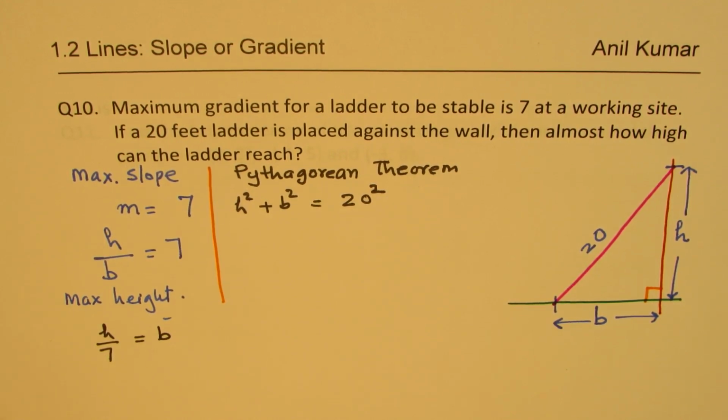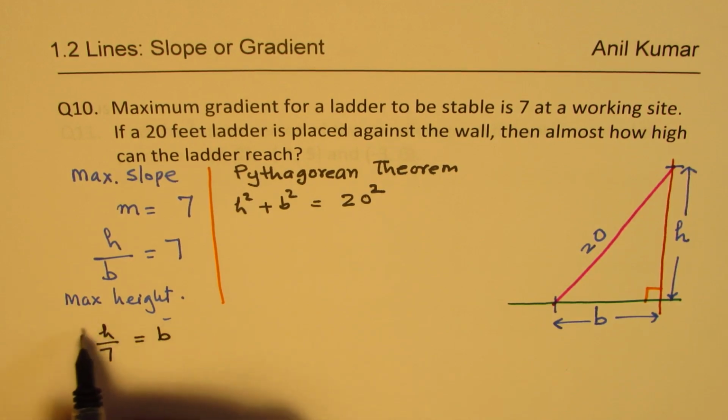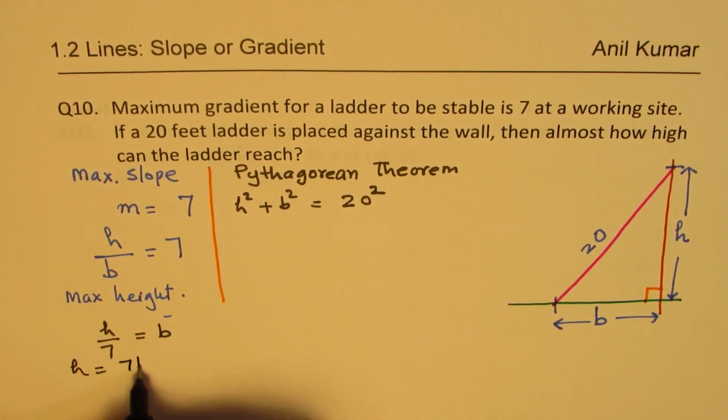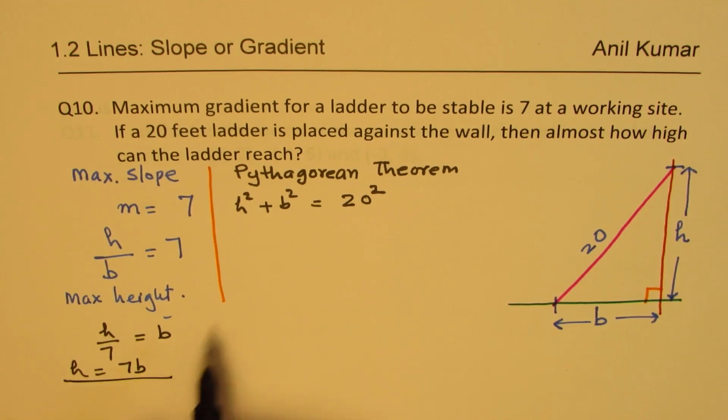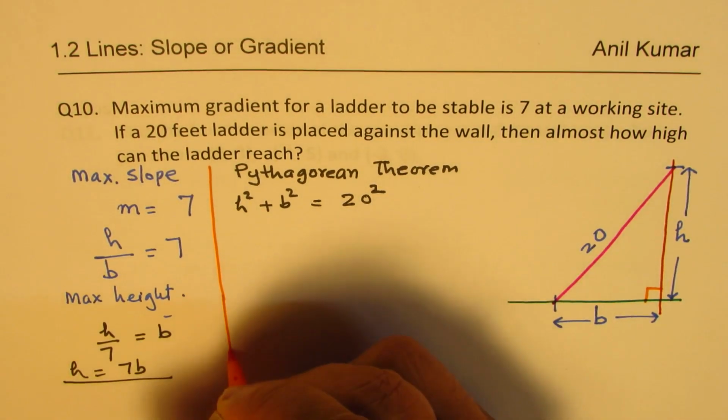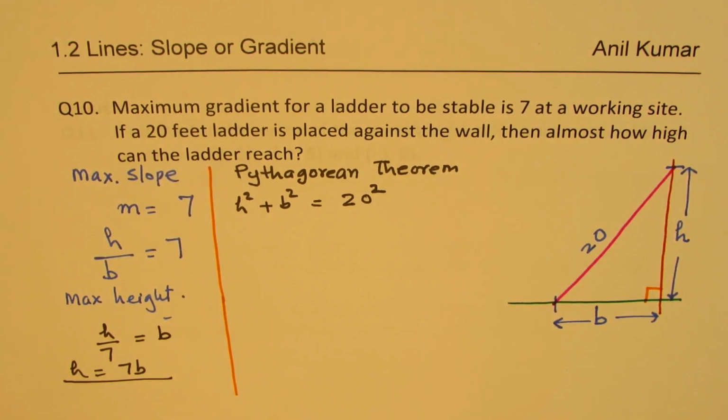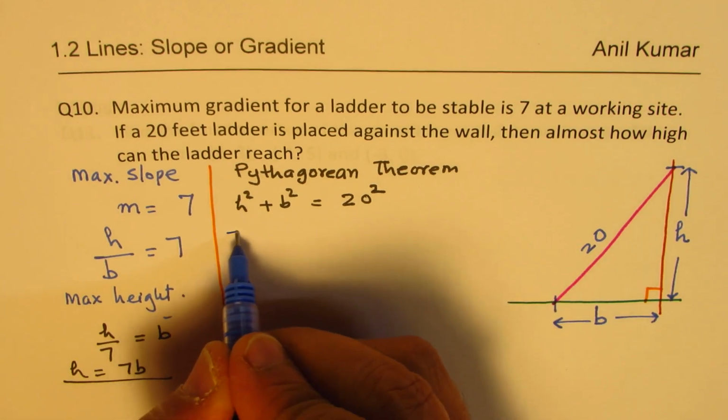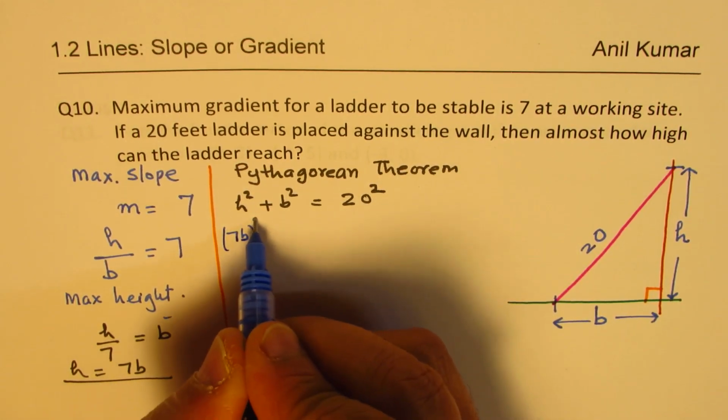Or if you want to avoid the fractions, then you can write height is 7 times b. So I'll prefer this, and then we'll get back to height. So we'll use height as 7 times base and replace height with 7b in this particular equation.